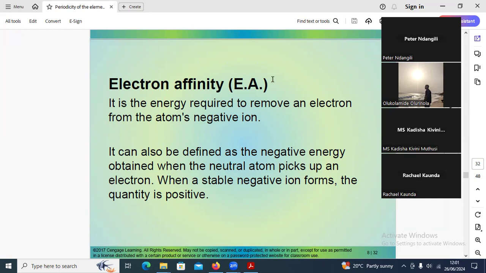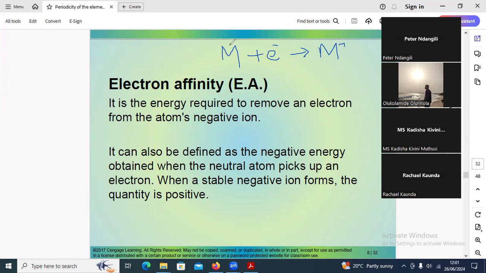Because if you have a particular element, M, and then you add an electron, you are going to get M minus.